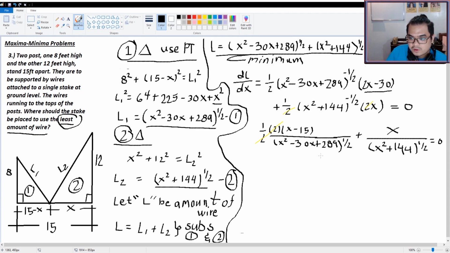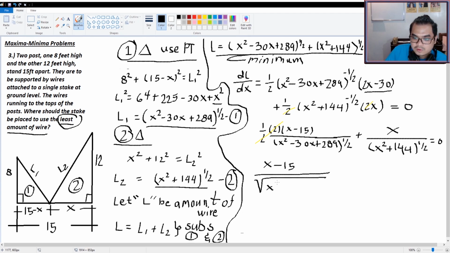Okay, so from this point, you'll just have x minus 15, x minus 15, can just erase that parenthesis. And then for simplification, let's just use square root.